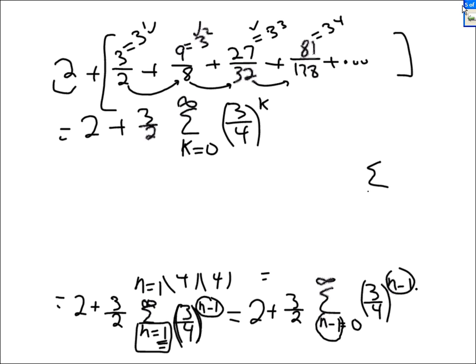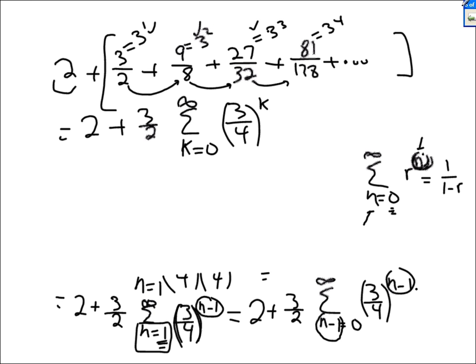I said the summation as n goes from 0 to infinity of r to the n is 1 over 1 minus r, so long as the absolute value of r is less than 1. This is a dummy variable. If n is 0, then the power is 0. Then n is 1, that's 1. Then n is 2, and that's 2.